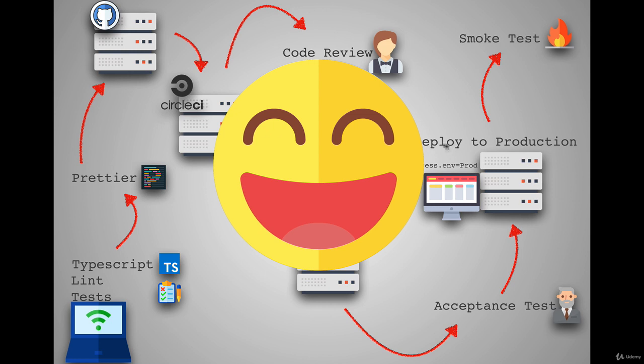A senior developer isn't necessarily the person that knows the coolest functions and can write the cleverest code. No, a senior developer is somebody that understands this process, can make sure that this process flows smoothly, that everything is working fine with Circle CI. We're making all the tests necessary. We have all the smoke tests in place.